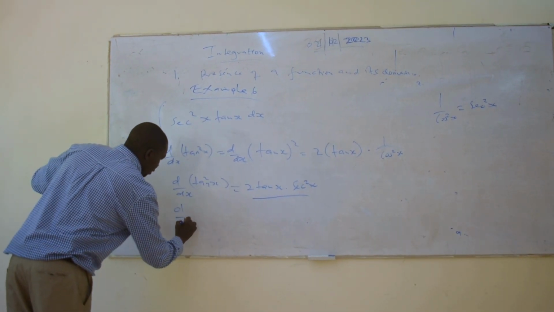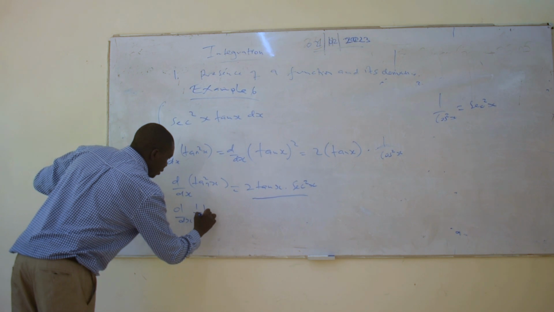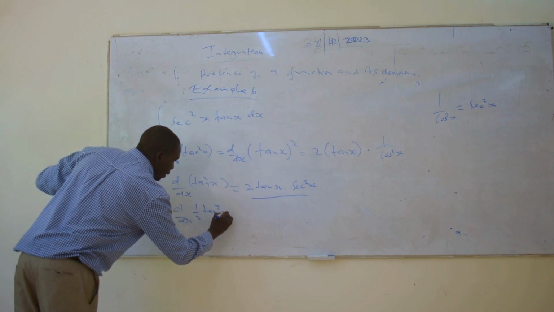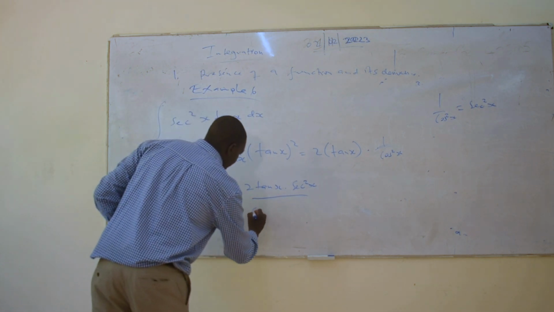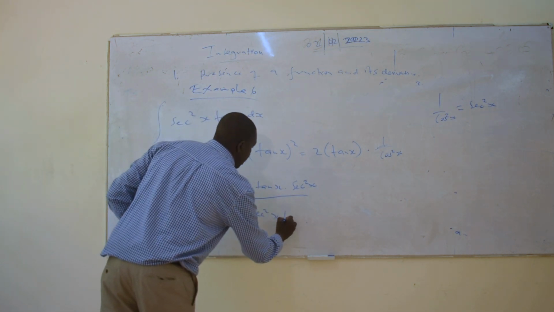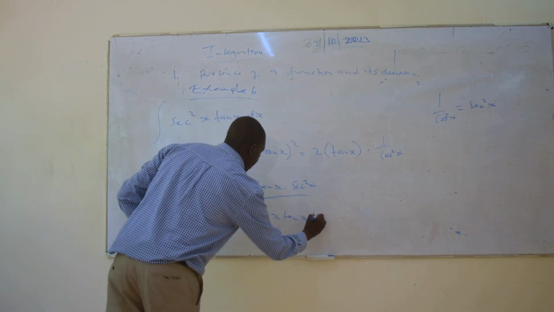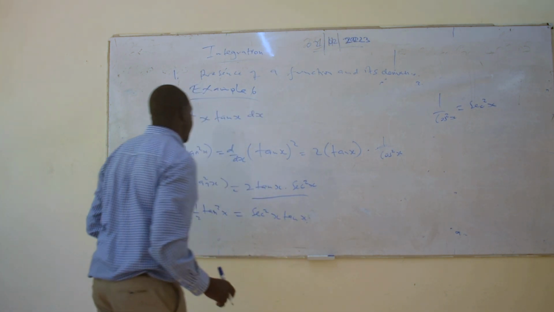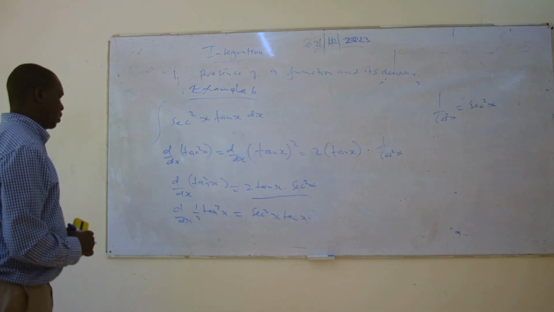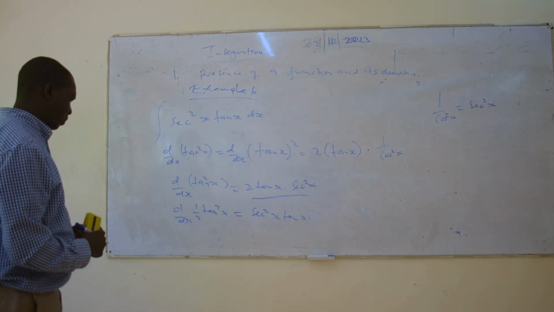So d/dx of half tan squared x is equal to sec squared x tan x.